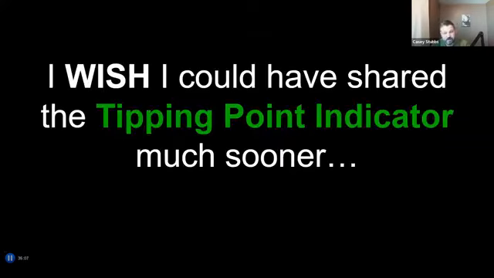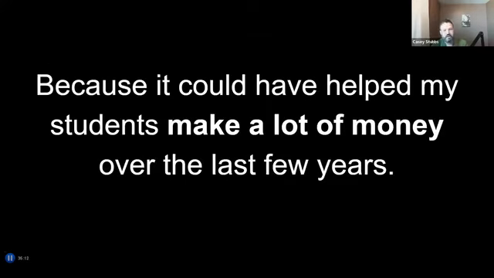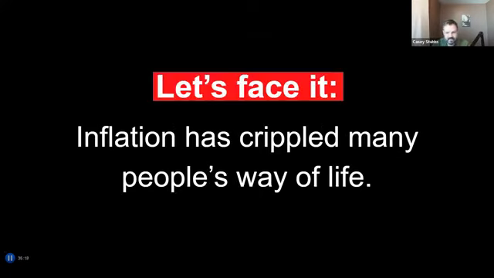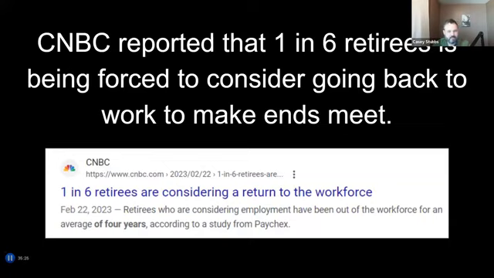I wish I could have shared the tipping point indicator much sooner, because it could have helped my students make a lot of money over the last few years. Let's face it, inflation has crippled many people's way of life. CNBC reported that 1 in 6 retirees is being forced to consider going back to work to make ends meet.